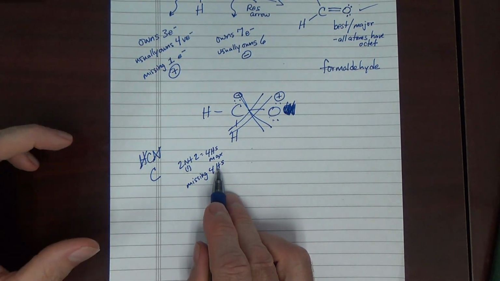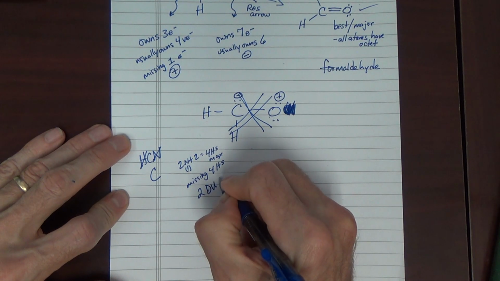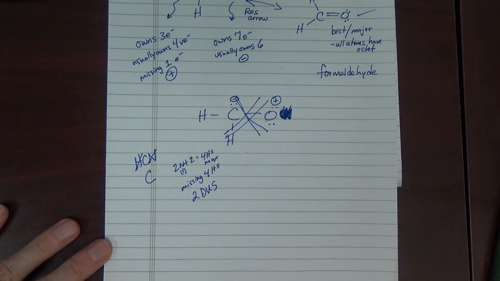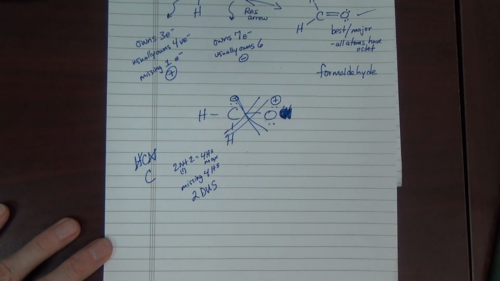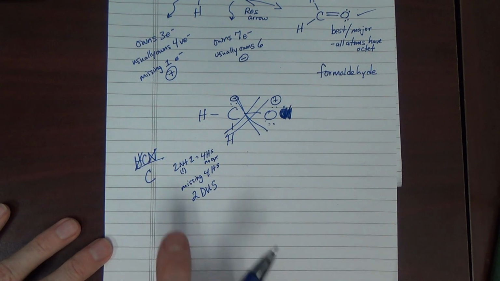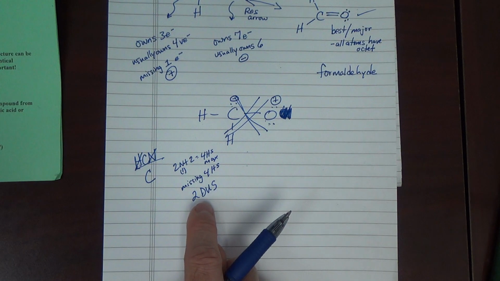For every 2 we're missing, that's a DUS. So how many DUS is this? 2 DUS. Again, you can look back at the DUS handout where we actually looked at hydrogen cyanide. 2 DUS, and we're actually going to see a triple bond here.